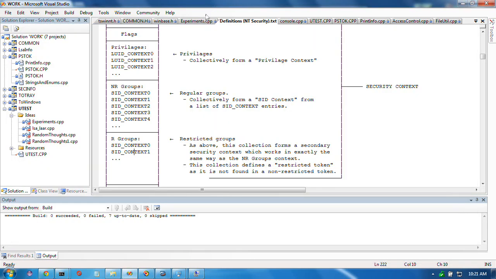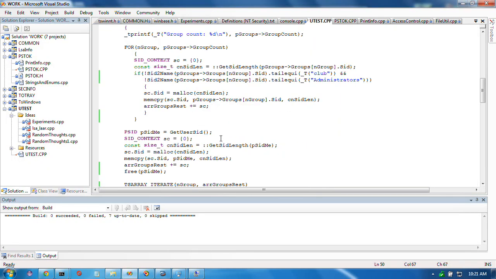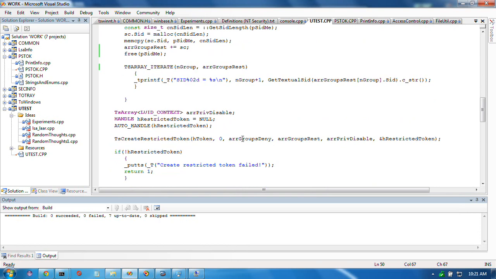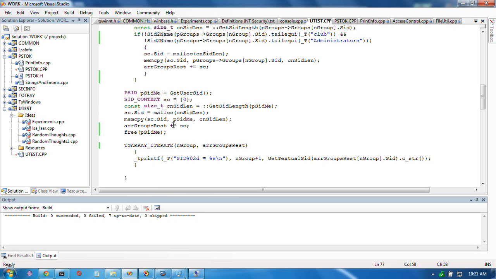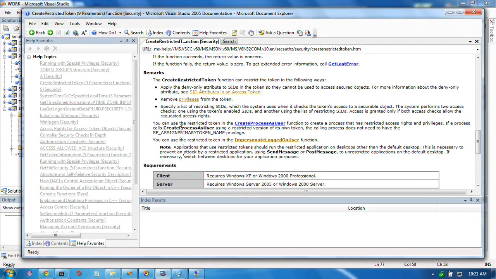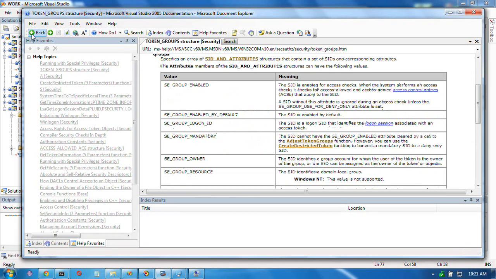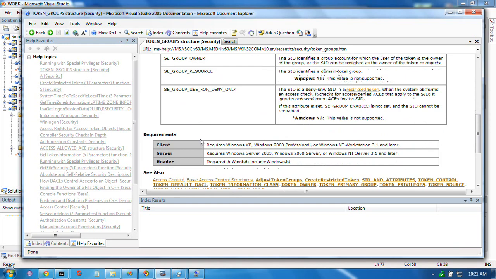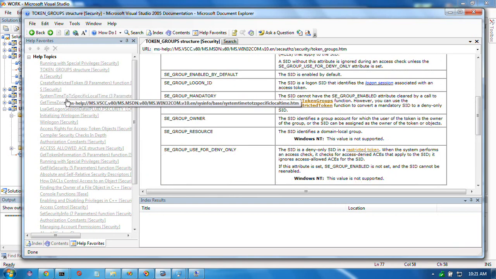The SIDs, the name of these things, which they call restrict, the help calls them, what is it called? They have a name in that function.